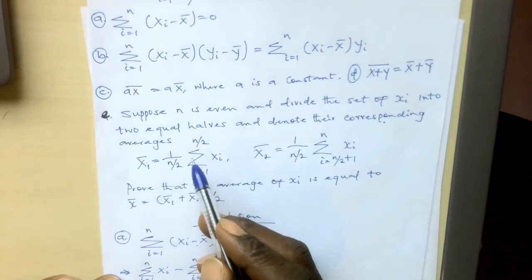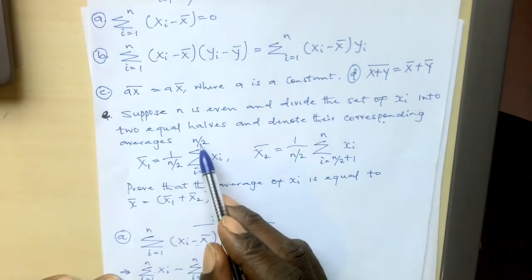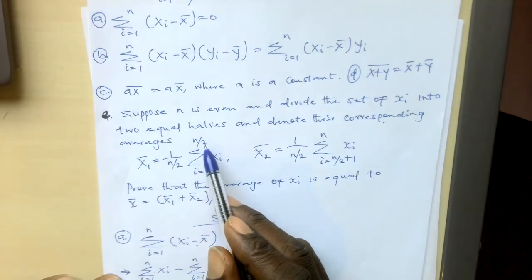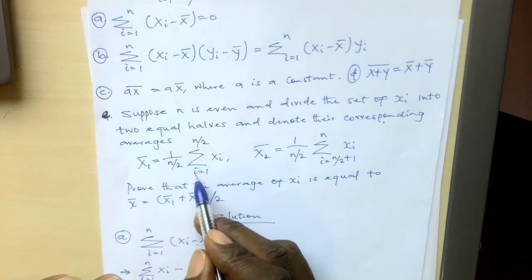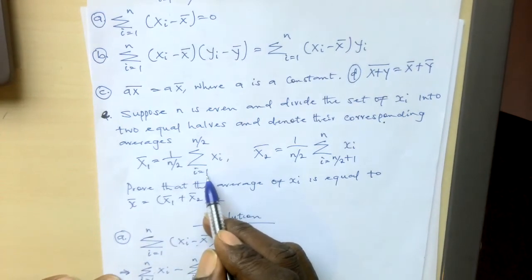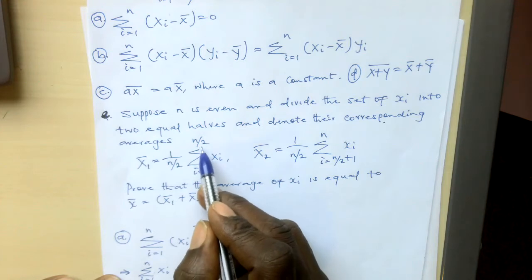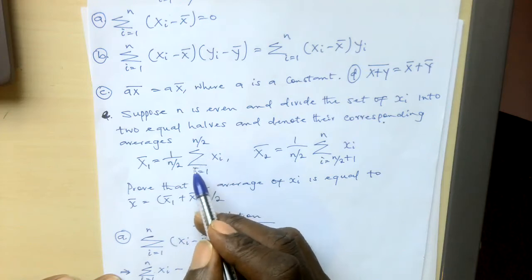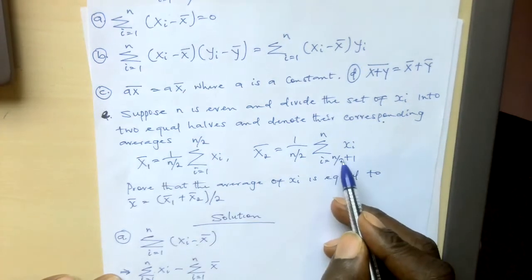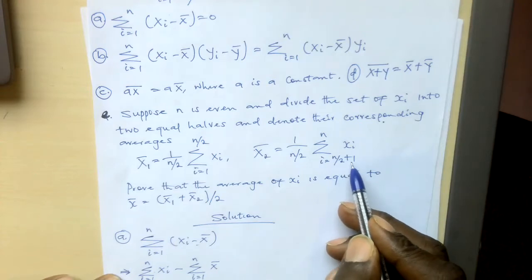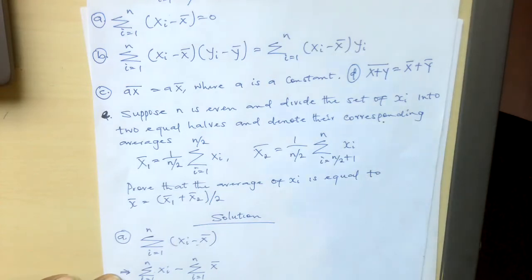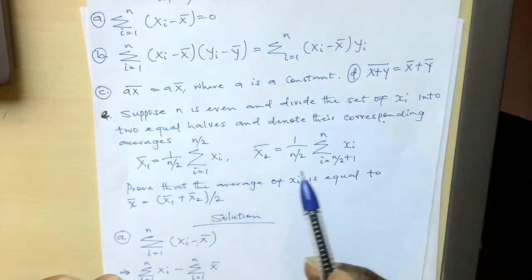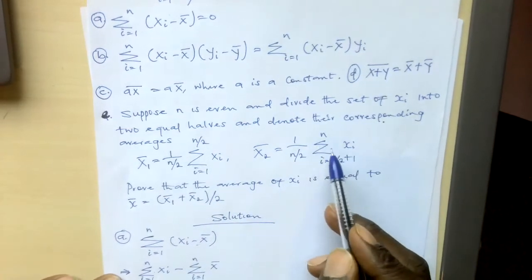So if the sample size is, say, 100, this is looking for the average from the first number to the 50th number, because 100 over 2 is 50. So this starts from 50 plus 1, from 51 to 100. So you're looking for the mean of the first half, then the mean of the second half.